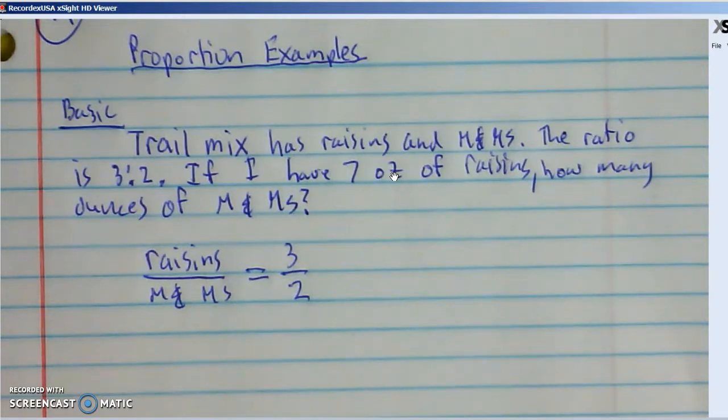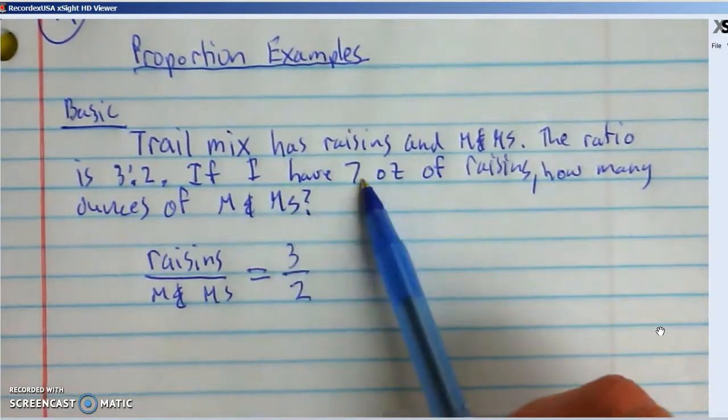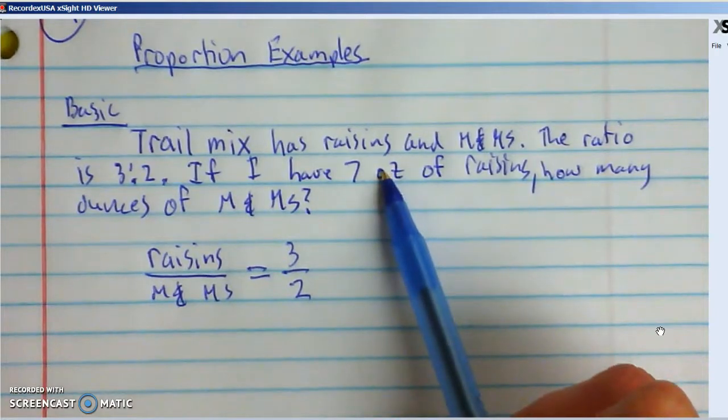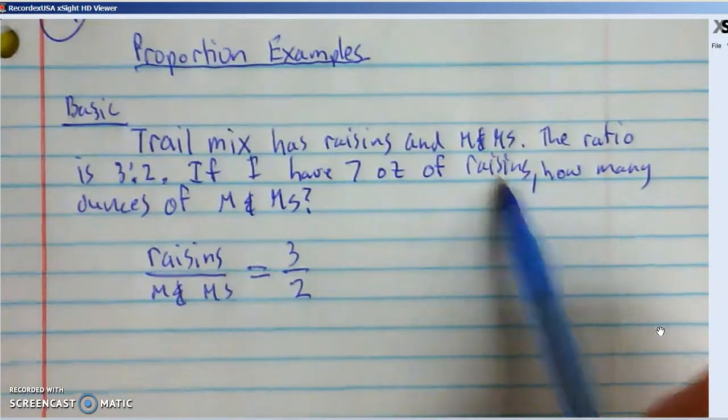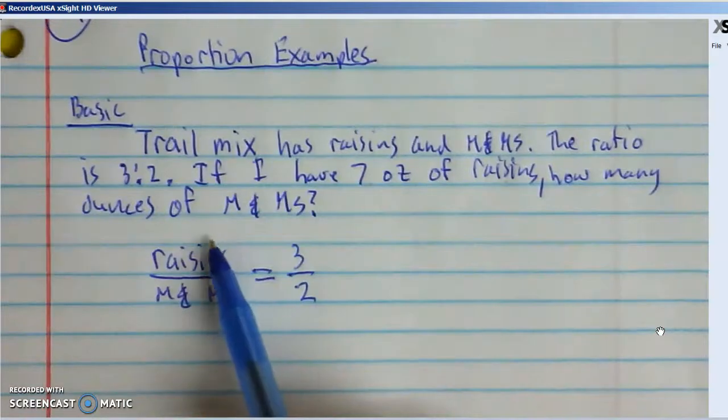If I have 7 ounces of raisins, how many ounces of the M&Ms do I have? That's a question that we're going to try and answer. So it says, if I have 7 ounces, that's OZ, which stands for ounces, of raisins, how many ounces of M&Ms?